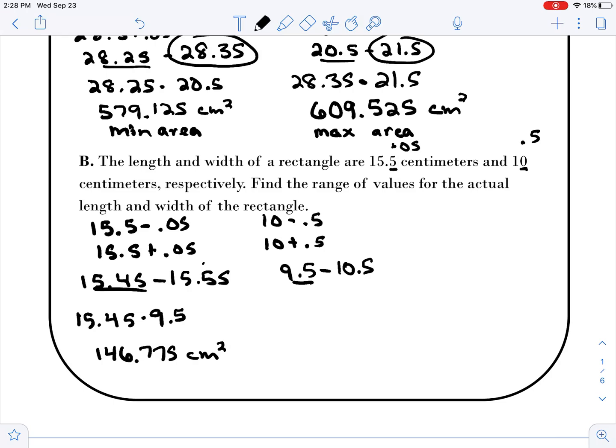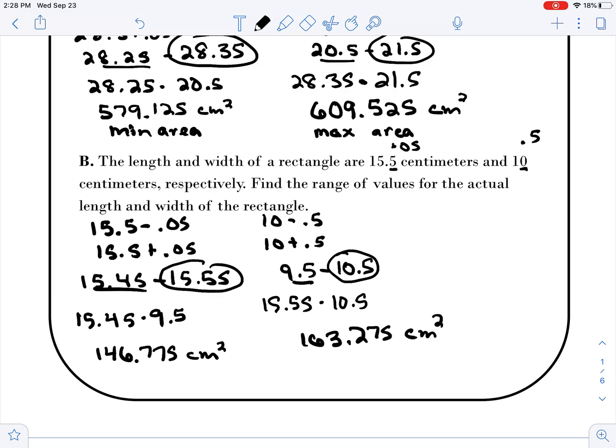And then we're going to multiply our maximum together, 15.55 times 10.5 is 163.275 centimeters squared. Again, this is our minimum area, and this is our maximum area.